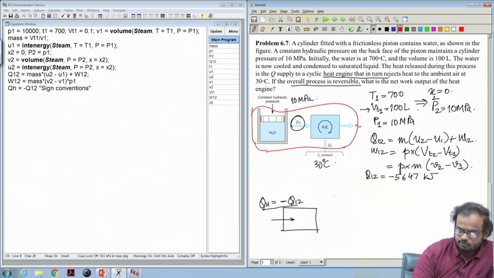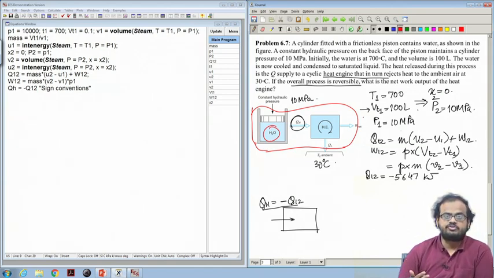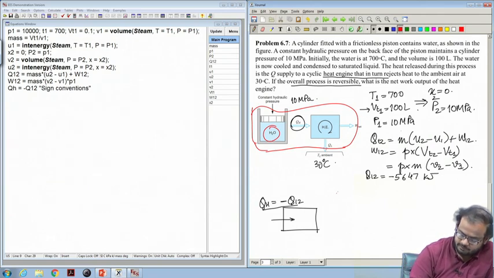For this particular control volume, we have some water which is changing its state from state 1 to state 2, and we have some heat rejection and some work. The work does not contribute to the change of entropy. So delta S of the system is equal to delta S of water plus delta S because of the heat transfer.